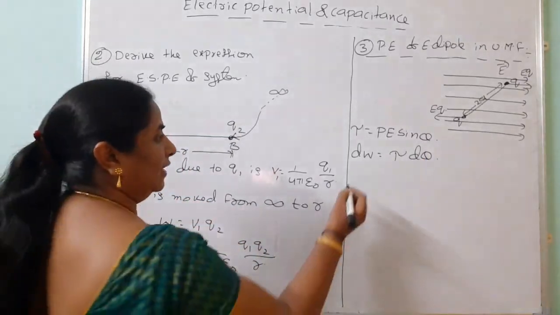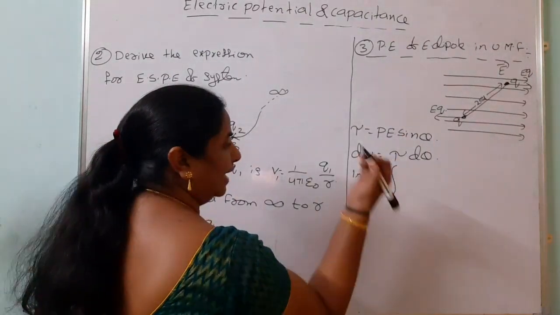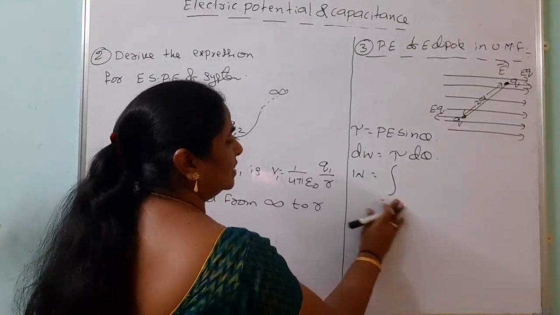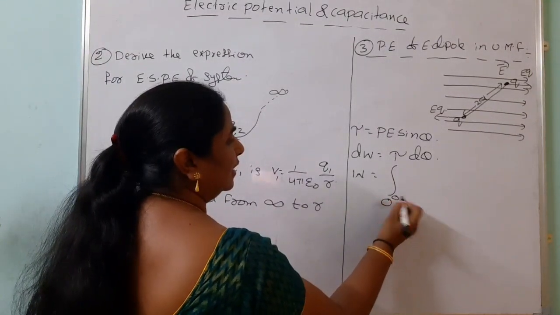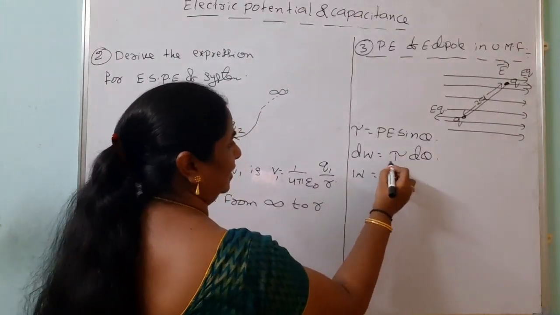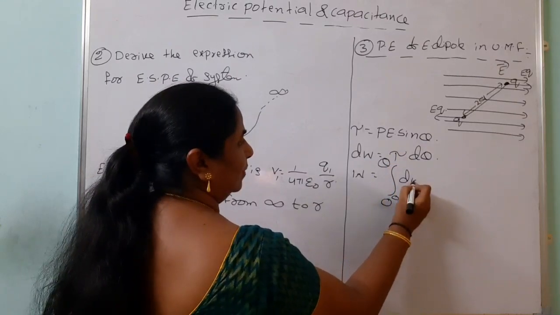Now we are calculating how much work is required to rotate the electric dipole from theta equals 0 degrees to theta. You can take from theta 1 to theta 2 also, there is no difference.